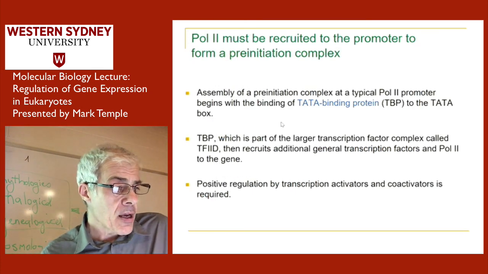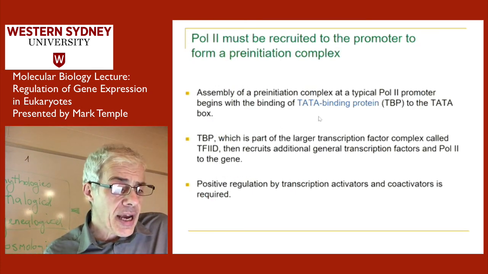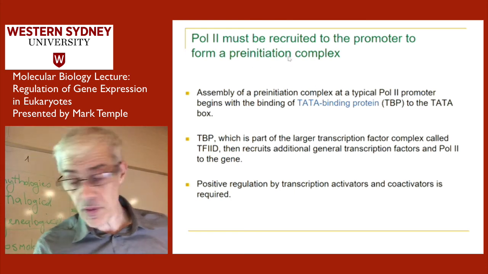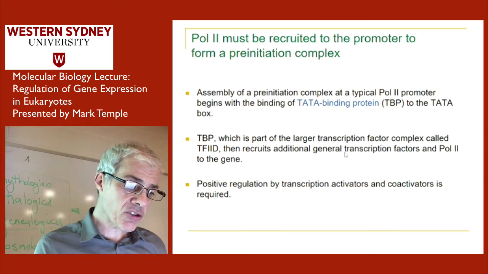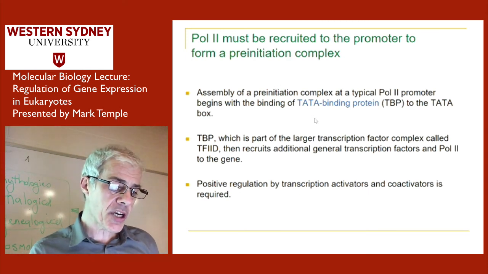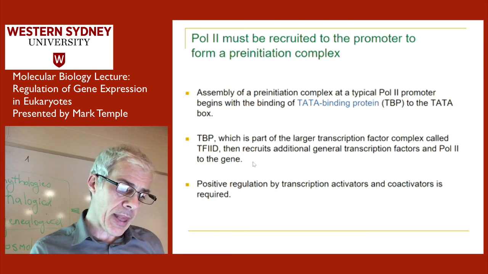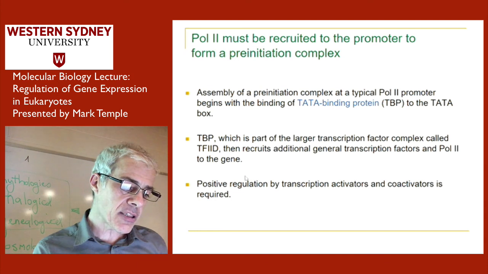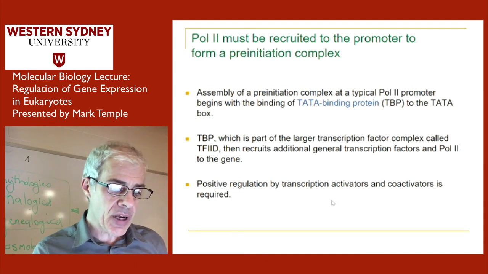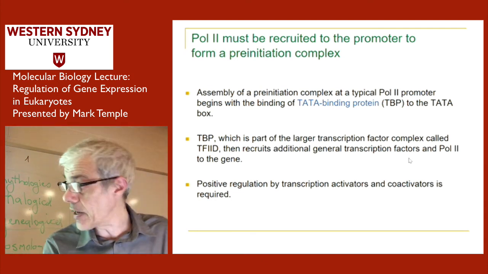So looking at gene expression, we have to recruit the TATA box binding protein and the basal transcription machinery at the promoter, and then we need to activate gene expression through these positive transcription factors and co-activators.